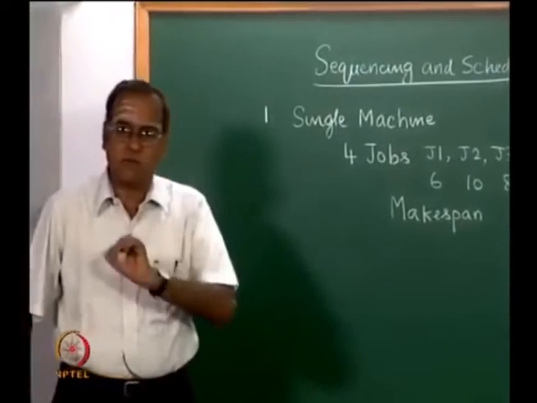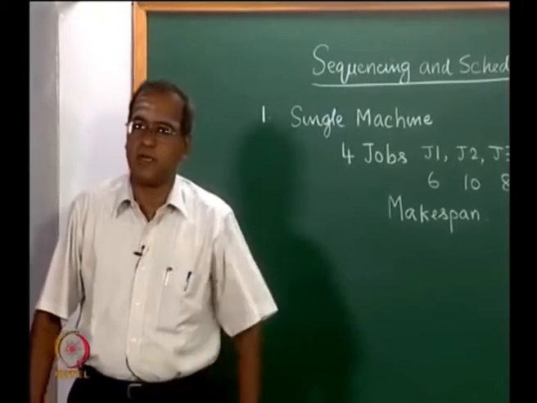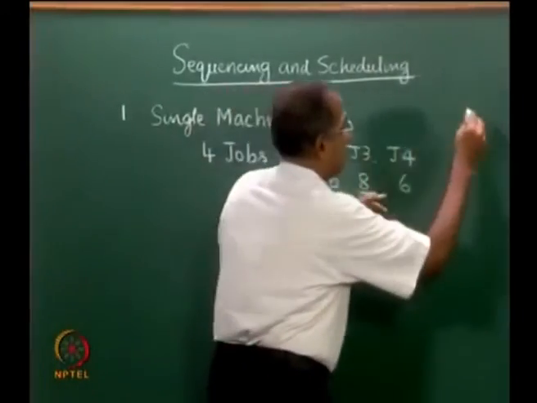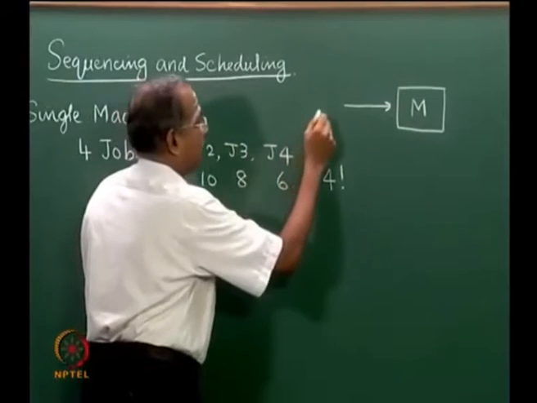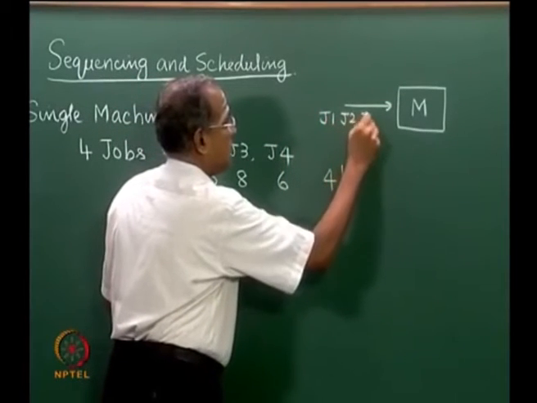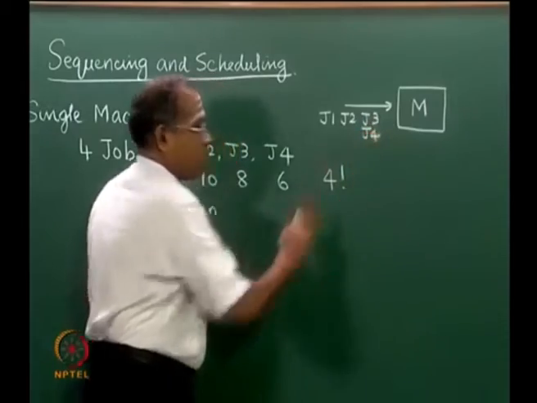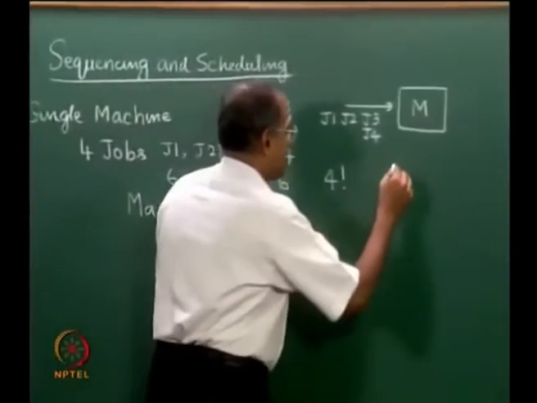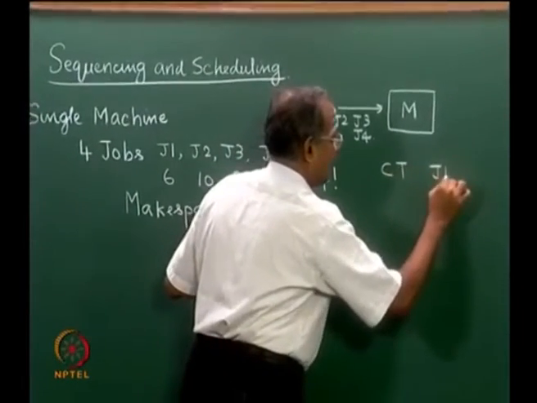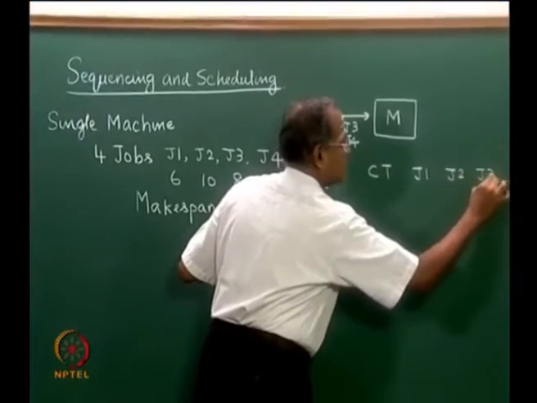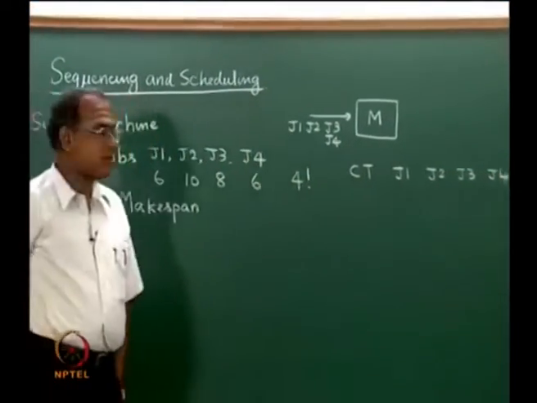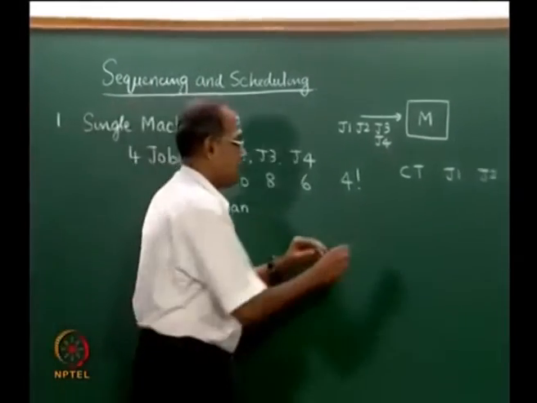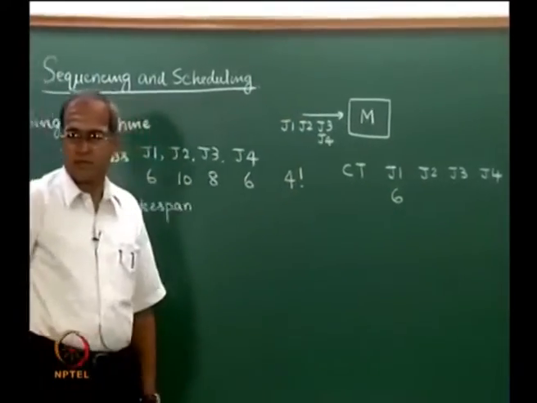First let us explain the computation of completion times and then we try and look at each of the objectives. Now, if this is a machine and we try and send them in the given order, say J1, J2, J3 and J4, J1 enters at time equal to 0 and comes out at time equal to 6.